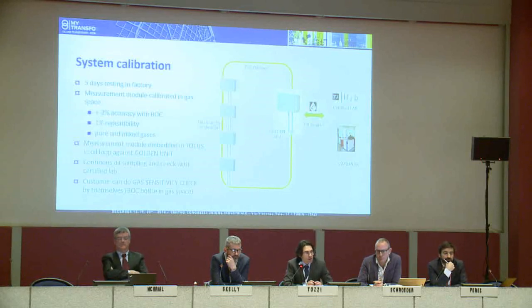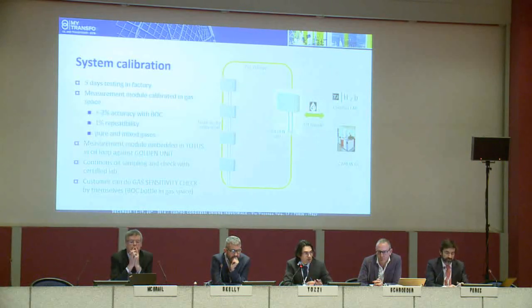The very first thing that we do is to make the calibration on the gas space. We have very strict rules on that in terms of accuracy and repeatability, and they are visible to everyone when we send the instrument. So we're talking about 2% accuracy and 1% repeatability. This is in the gas space.